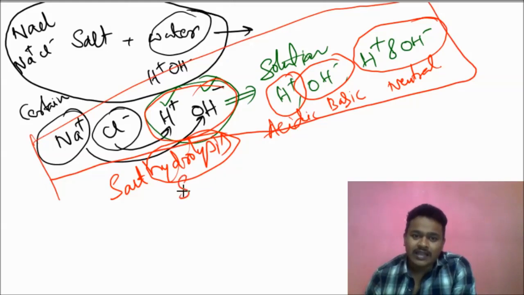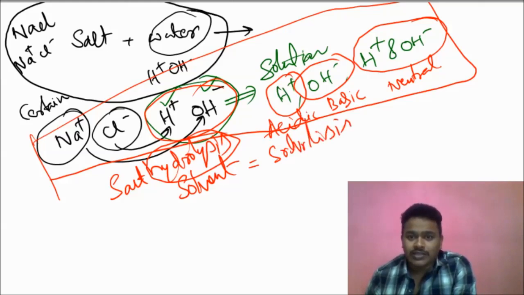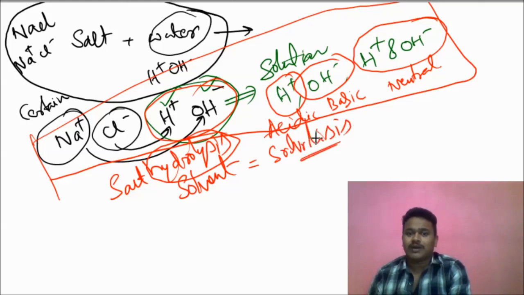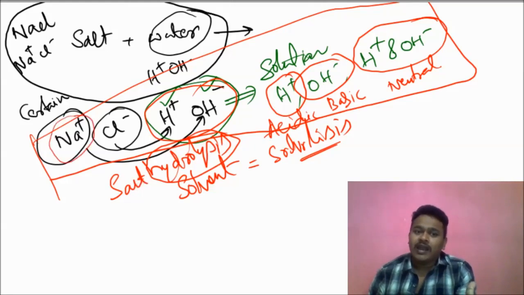Otherwise, in the place of water, if you are taking any other solvent, at that time this is solvolysis. We have to say this is solvolysis, but our concept is hydrolysis. That is salt hydrolysis. Salt cation and anion can react with the water.